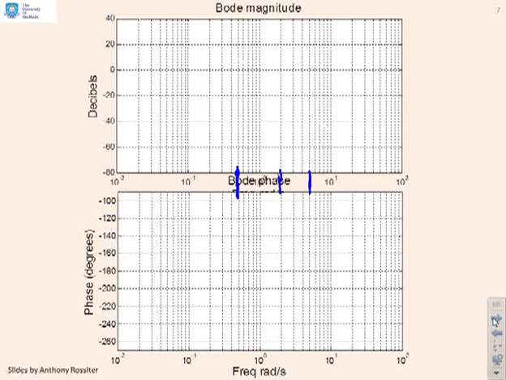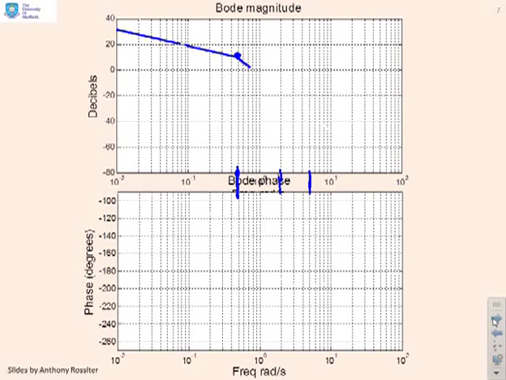Now, we said at 0.5 we had approximately 12 decibels, so that's what that point there is. And we said to the left the slope was about 20 decibels per decade, so that's like that. Then to the right we went down at 40 decibels per decade until we got to a frequency of 2.